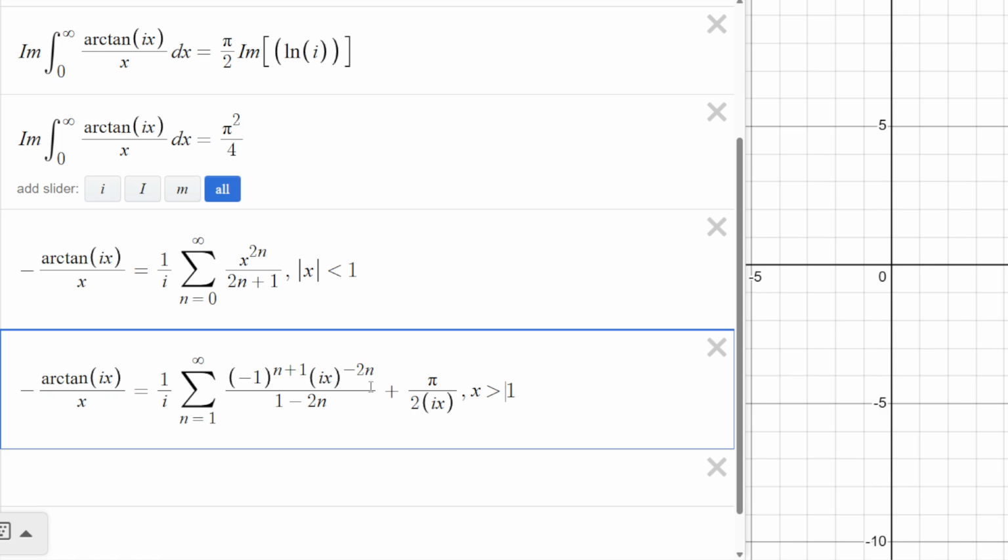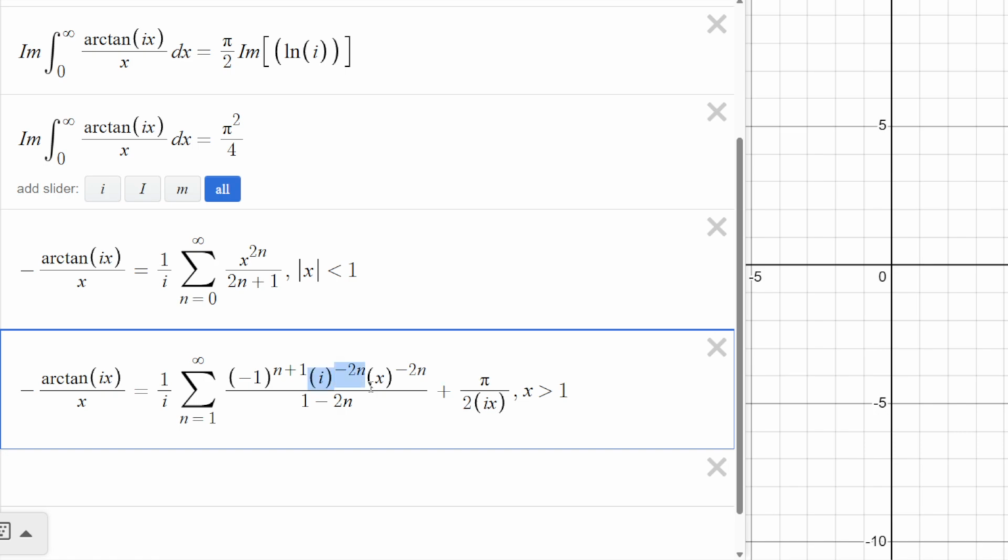What happens on this side? The same thing is going to happen. This is just going to be x to the negative 2n times i to the negative 2n. That's going to be i to the negative 2 to the n. i to the negative 2 is 1 over i squared, that's 1 over negative 1, that's negative 1 to the n again.